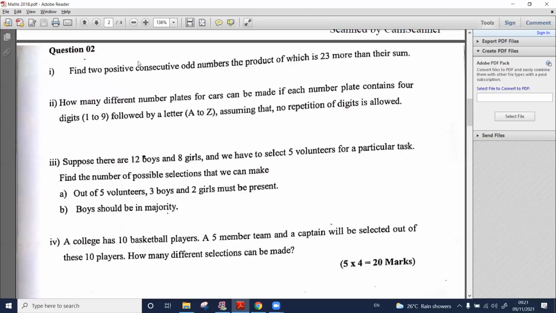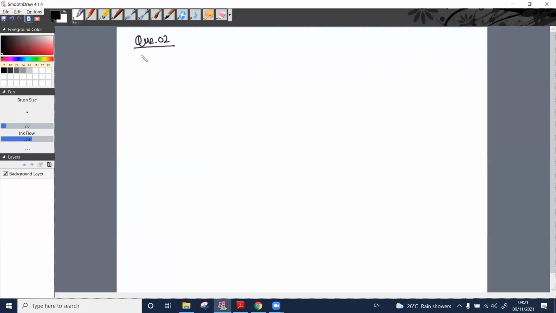Section number 2. Two positive consecutive odd numbers. Examples: 3 and 5. What else? It can be 1 and 3, 7 and 9, 11 and 13, 15 and 17, 9 and 11.